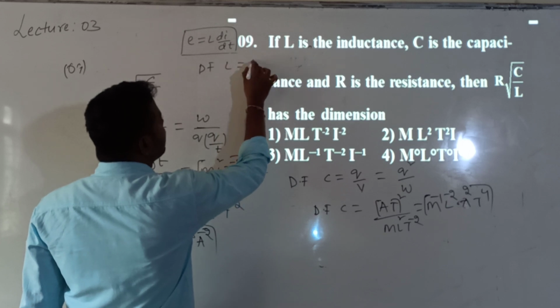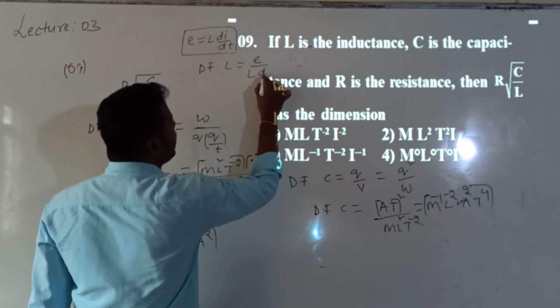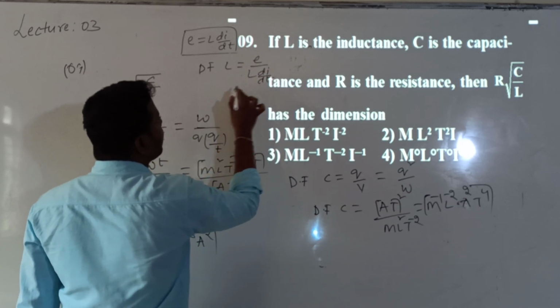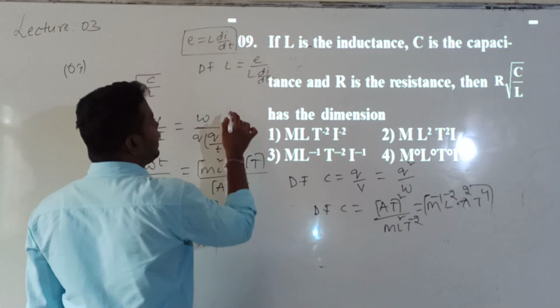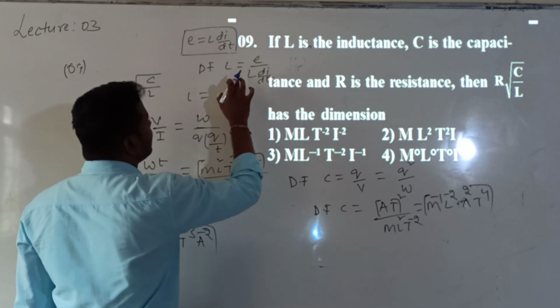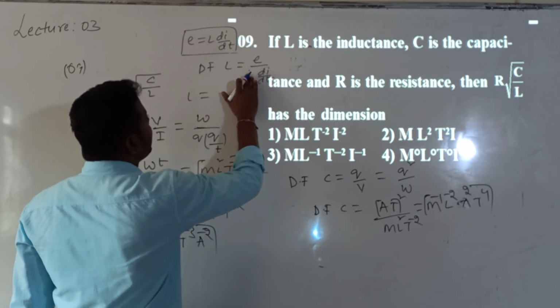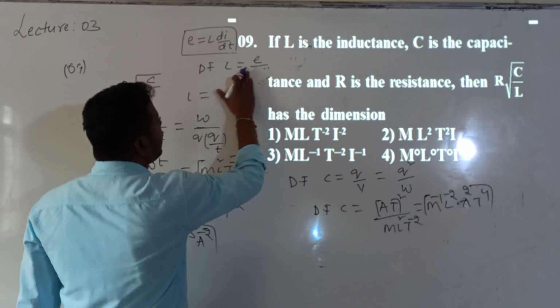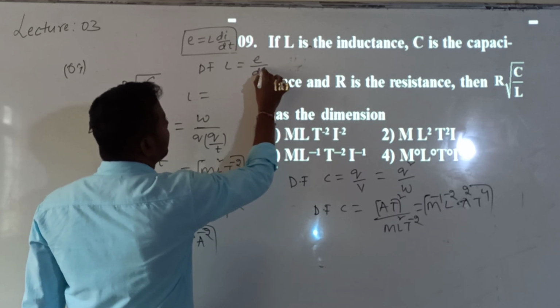So L value is equal to E divided by di by dt. Okay? So what is the dimensional formula of E divided by di by dt?